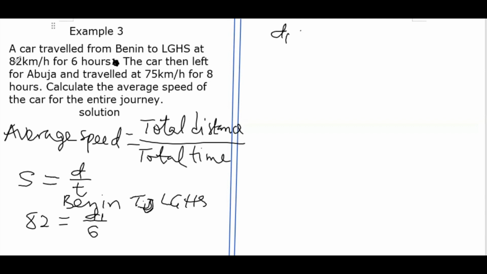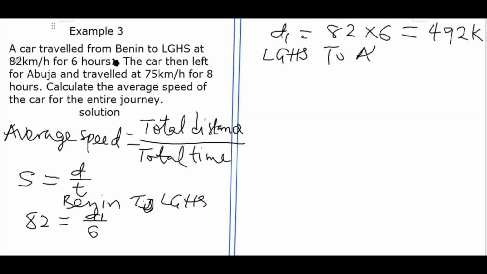So we have D1 equals 82 times 6, and that gives us 492 kilometers. Also, IGCSE to Abuja.